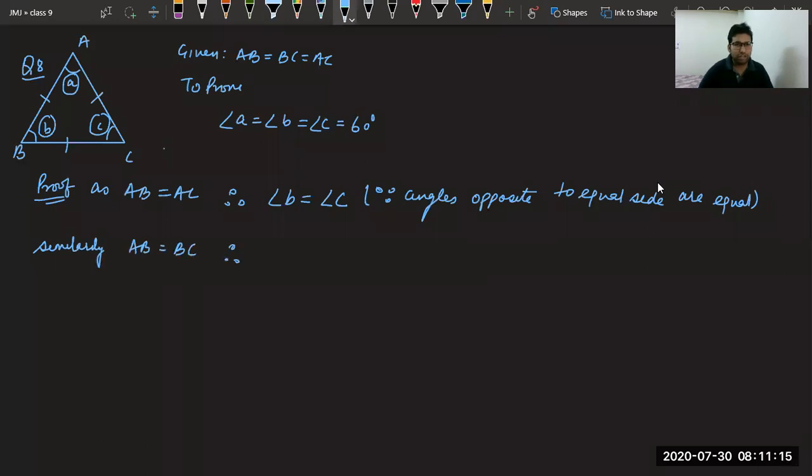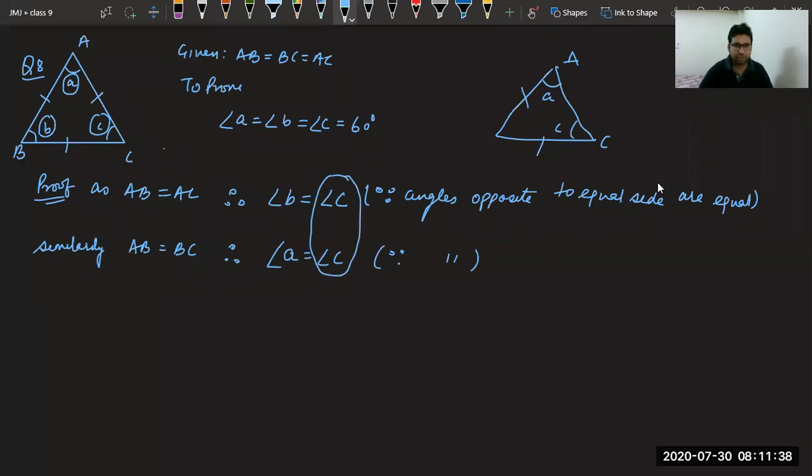Therefore, if AB and BC are equal, then this angle A is equal to this angle C also, by the same reason, because angles opposite to equal sides are equal. We have got a connecting link. So we can say A is equal to B is equal to C.